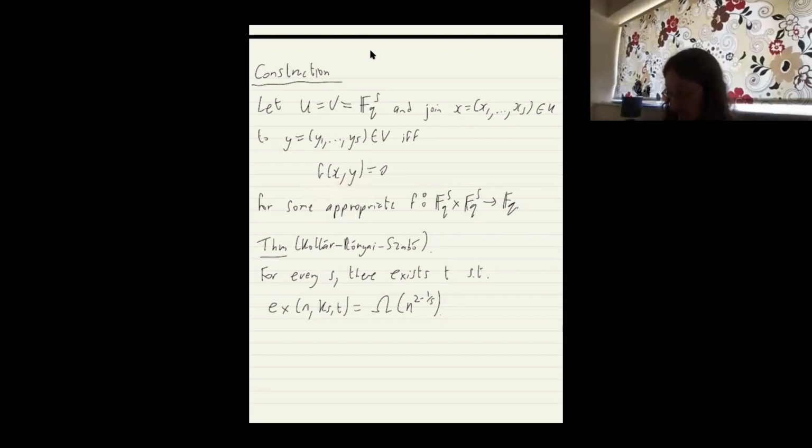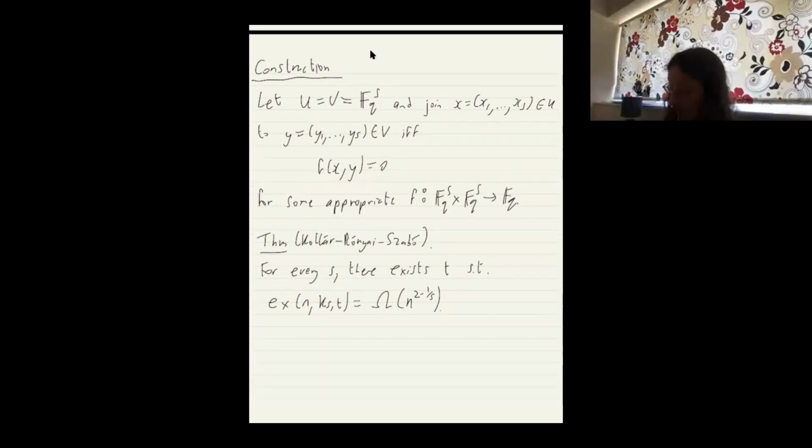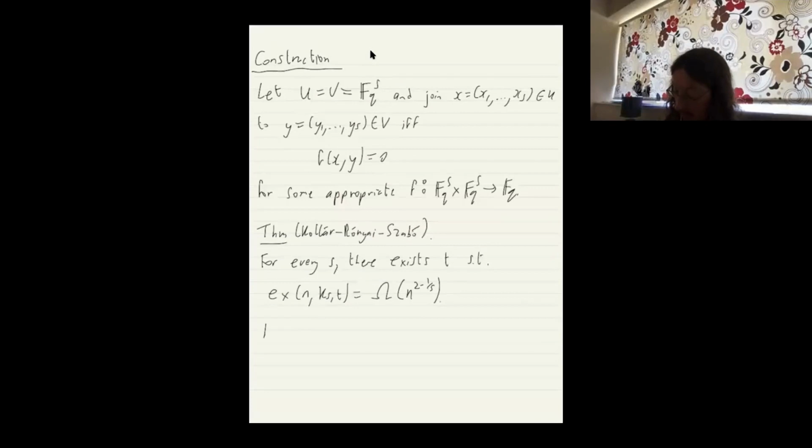And actually, what Kollár, Rónyai, and Szabó take is t greater than or equal to s factorial plus 1, which was improved very slightly by Alon, Rónyai, and Szabó to t greater than or equal to (s minus 1) factorial plus 1. And that's where things remain. That result was proved in about '98 or '99, and that is the best lower bound that's known.